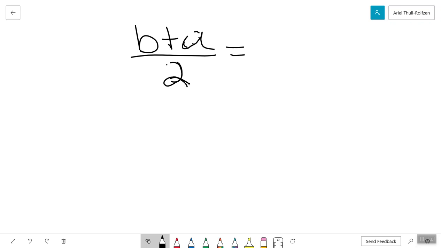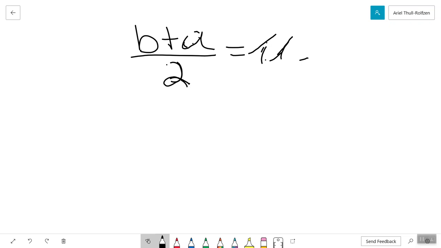So for the mean, we know b plus a over 2 equals our mu, for our mean. So I can just plug in what I'm given in the problem.